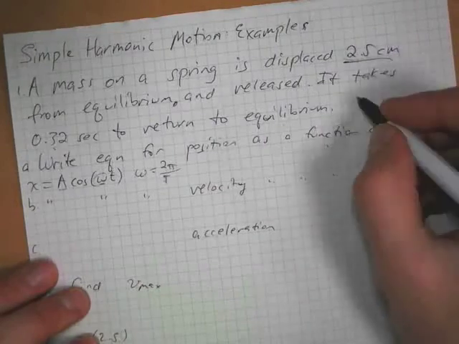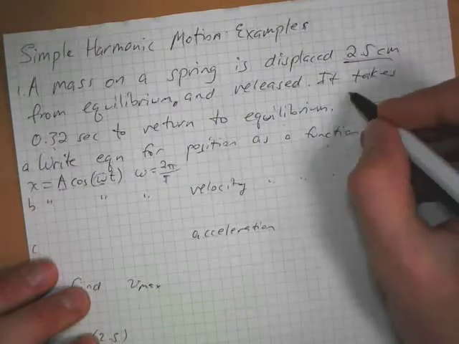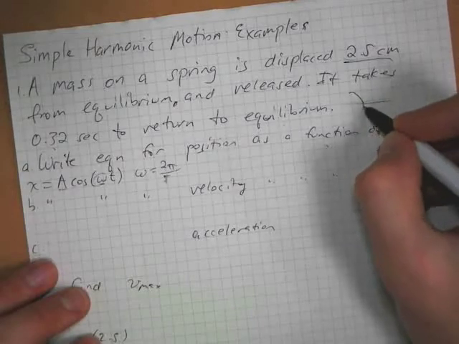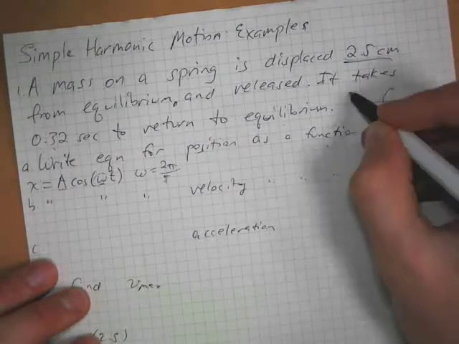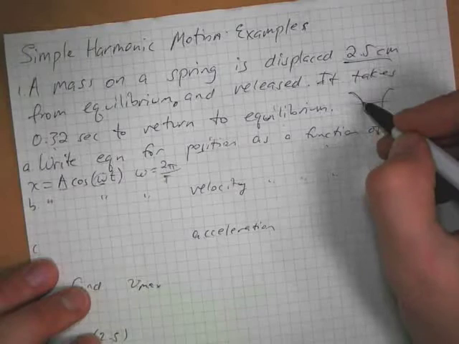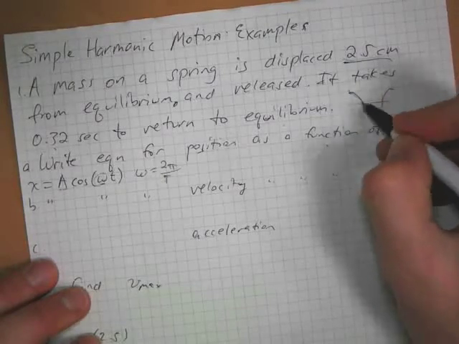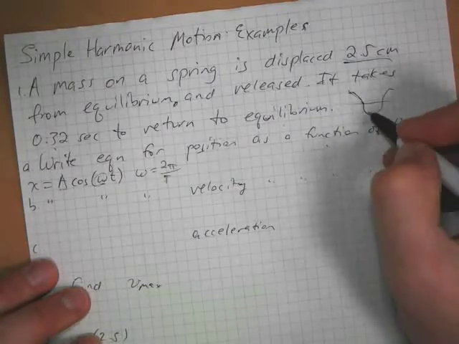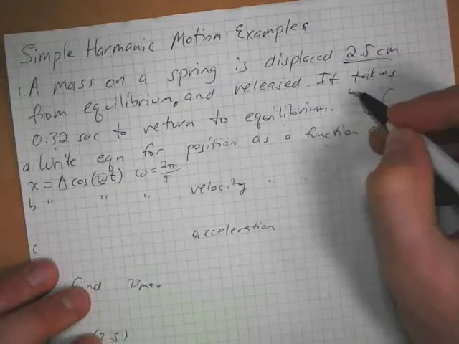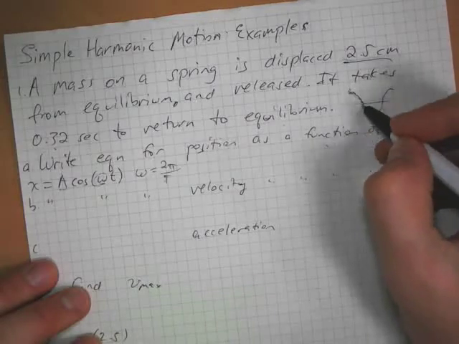It takes 0.32 seconds to return to equilibrium. So what's happening here? We're 2.5 centimeters from equilibrium. We go down, we reach equilibrium, and the sine wave looks like this. Going from here to here, that's half the time it would take to go from here to here, and from here to here is half the time it would take to go down and back up again.